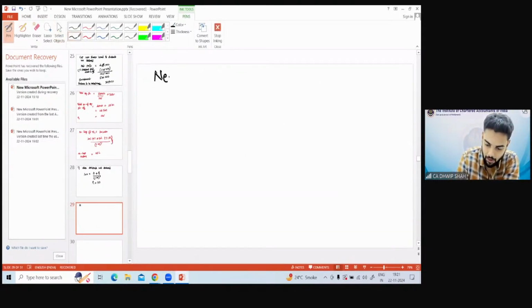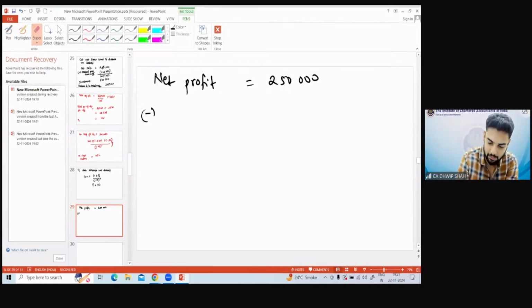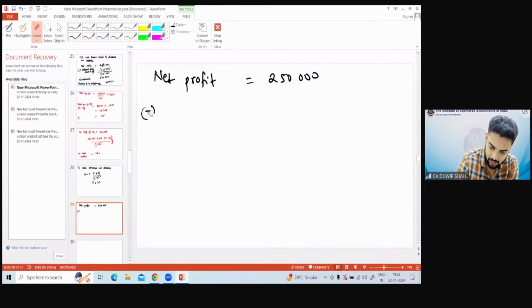Now, next part. Would the entire net profit of 2,50,000 be available for investment? Yes or no? Because I don't have to pay any dividend from this net profit. Okay, dividend nil.